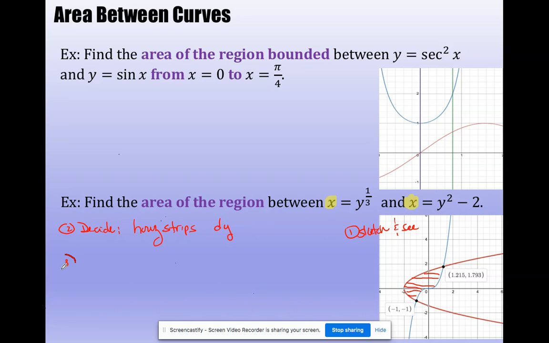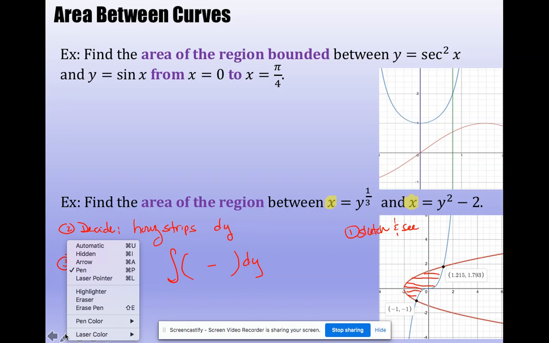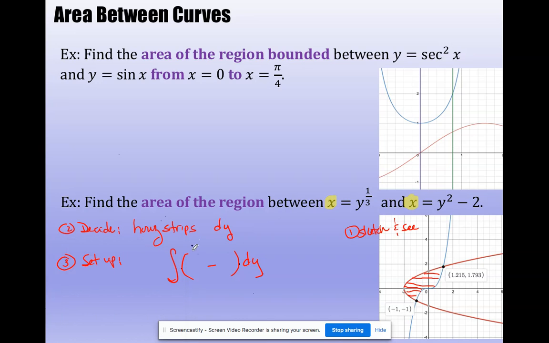Now set it up. Integrate dy. But this time do right minus left. Who's the right function? The furthest right. Is it the cube root or the parabola thing? It's the cube root, right?